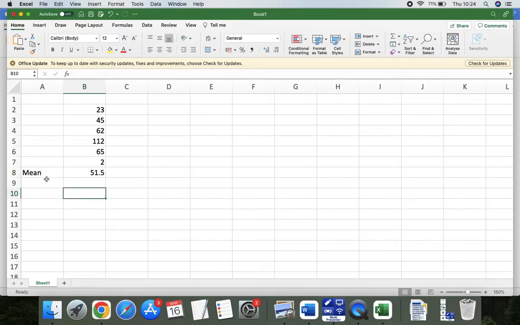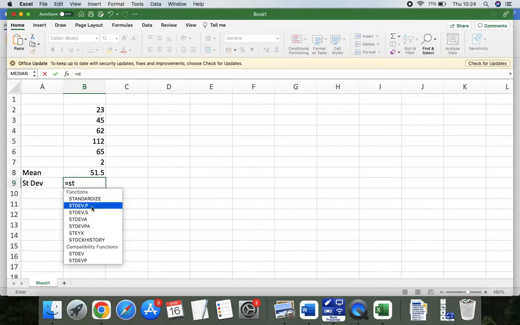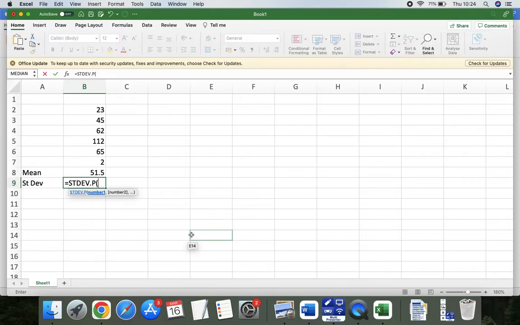And if you look at the standard deviation, this is the standard deviation right now.